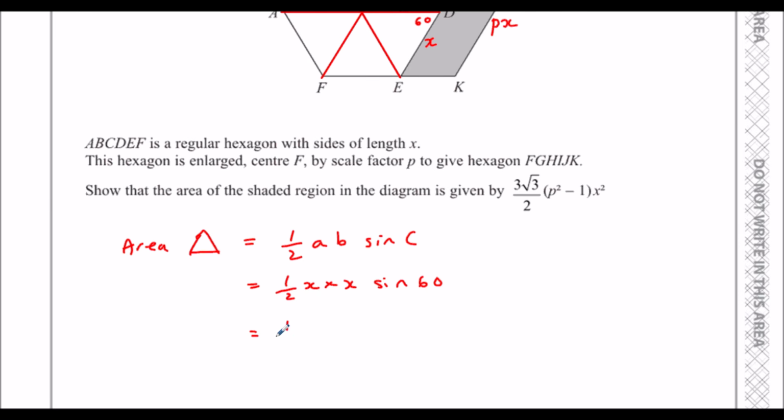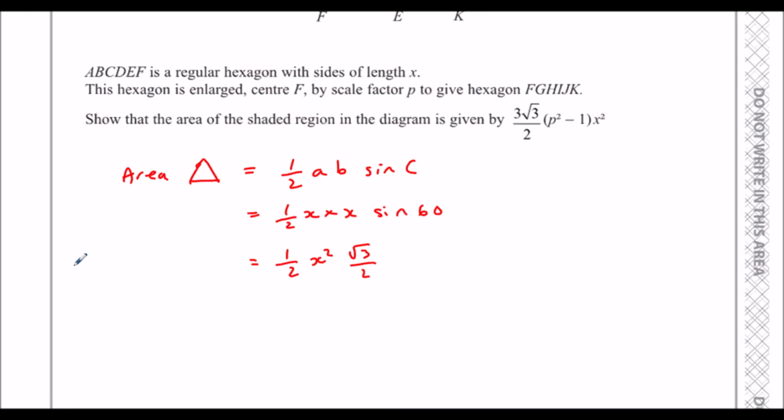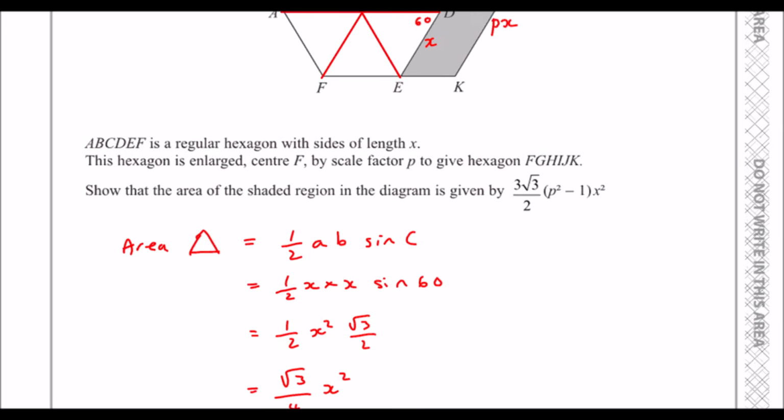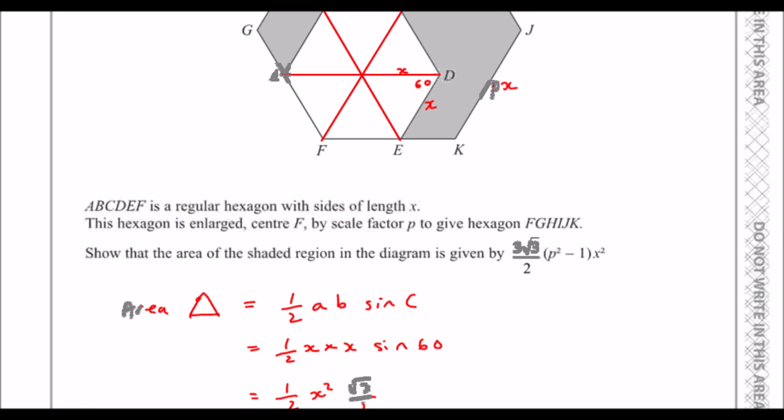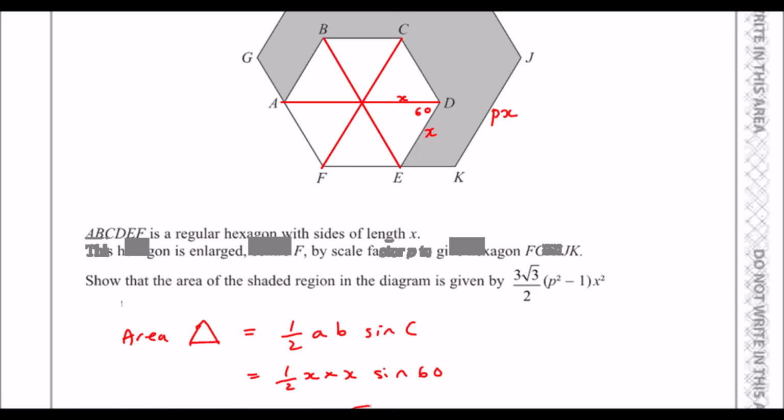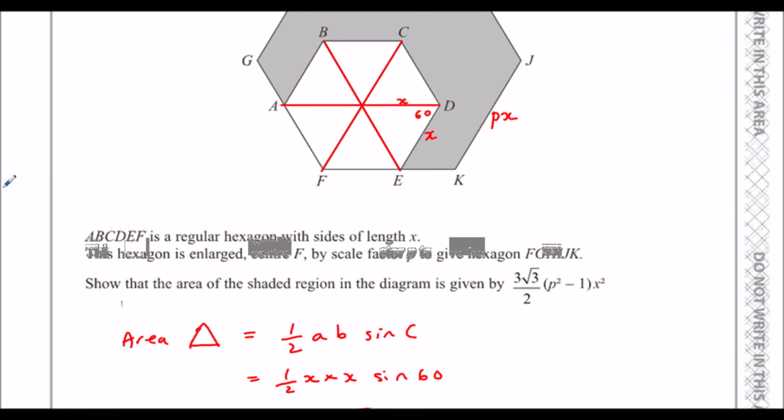So it's half times x squared times root 3 over 2. And 1 times root 3 is root 3. 2 2s are 4. So we've got root 3 over 4 x squared. That's for each triangle on ABCDEF.